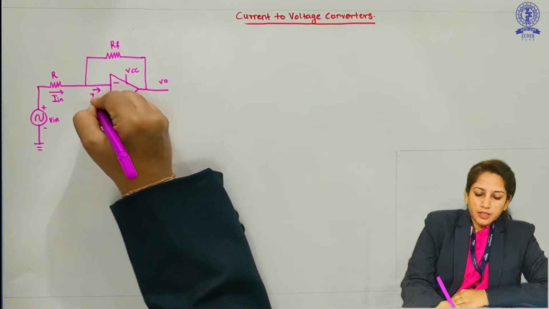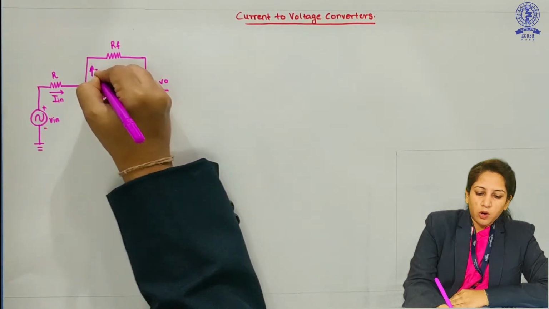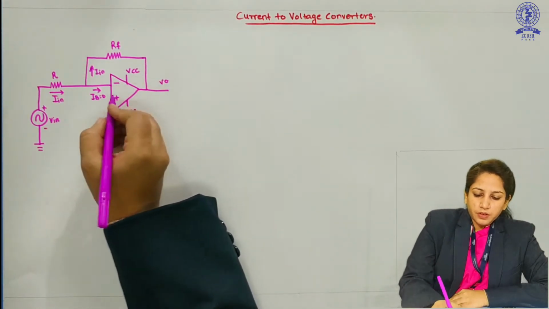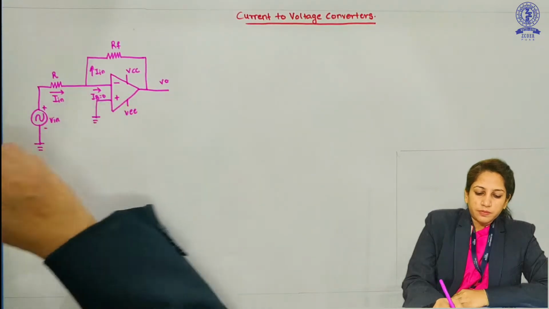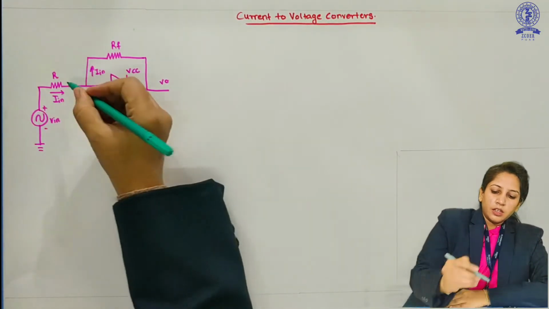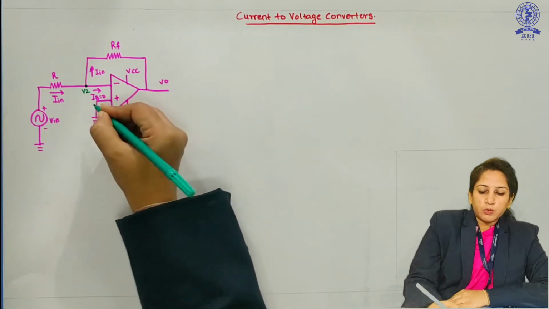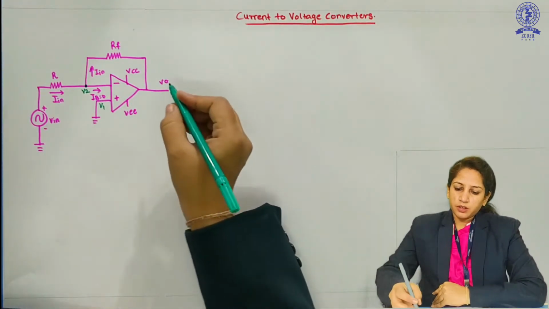Here the bias current will be approximately 0. I in will be flowing all together through this branch. Here the non-inverting terminal I will make ground. Now this terminal I will call as having voltage V2, and this will be V1.